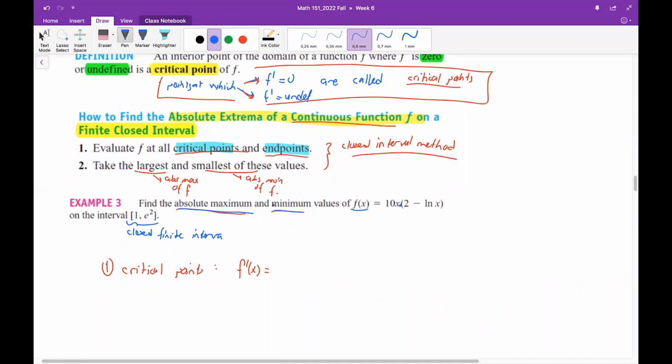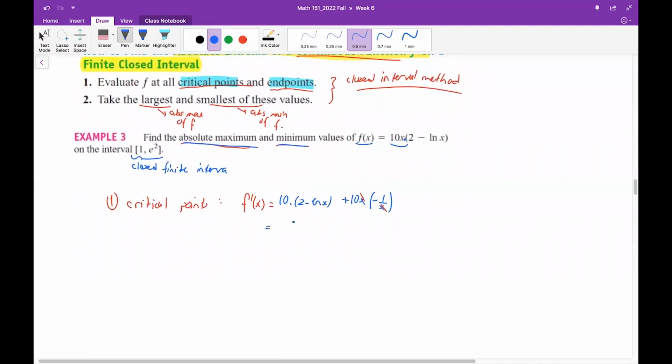So the derivative of the first function, which is 10, times the second, plus the first function stays the same, then you derive the second one, which is minus 1 over x. Then you do this simplification, right? So what do we have? Let's write the result: minus 10 ln x minus 10.